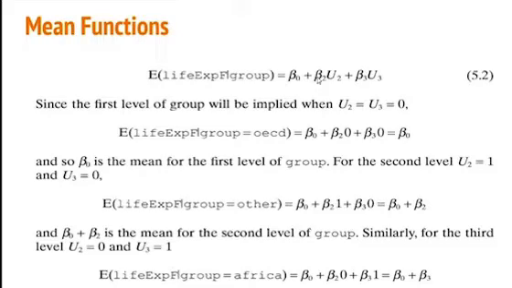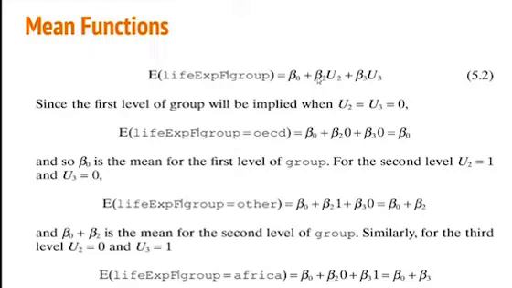For the second level of group, I'm going to code U2 as 1 and U3 as 0 because I'm only focusing on the second level. If I want to talk about the third level, it will be U3 equal to 1, where the second level is 0.